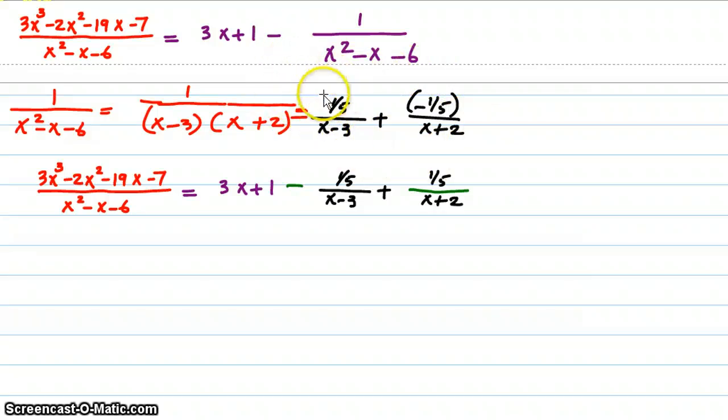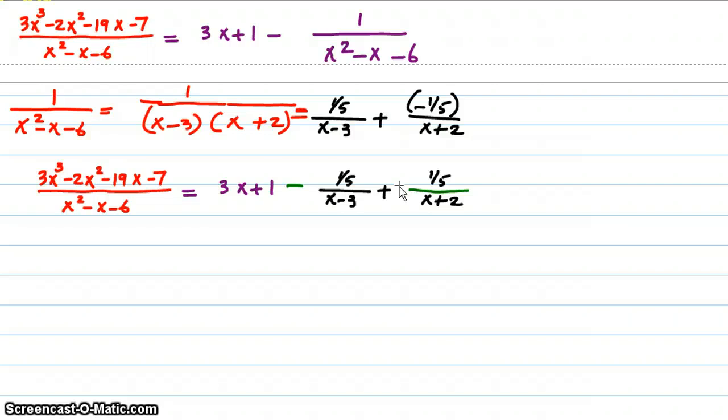So minus this term will give you minus 1/5 over x minus 3, minus times minus 1/5 over x plus 2 will give you plus 1/5 over x plus 2. So this is what we have. So this completes the decomposition into partial fractions.